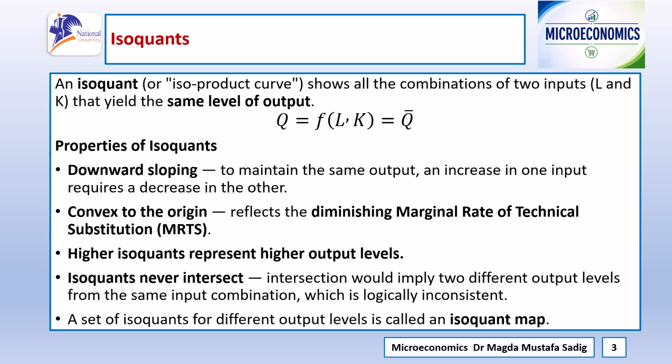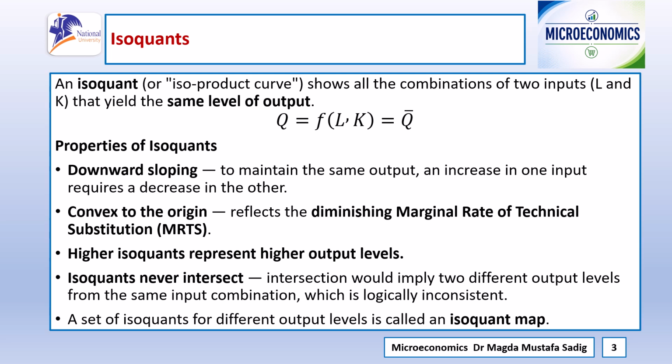So we use L, which stands for labor, and K, which stands for machines, that yield the same level of output Q bar. So output is a function of labor and capital, and that will give you constant quantity. That is why we put a bar over the letter Q.